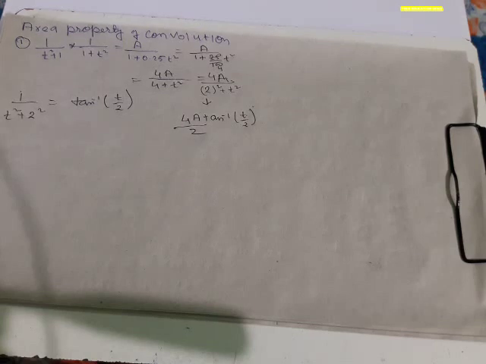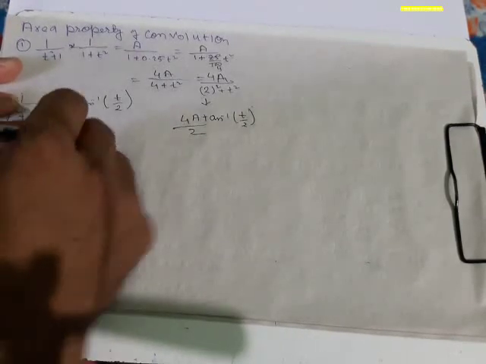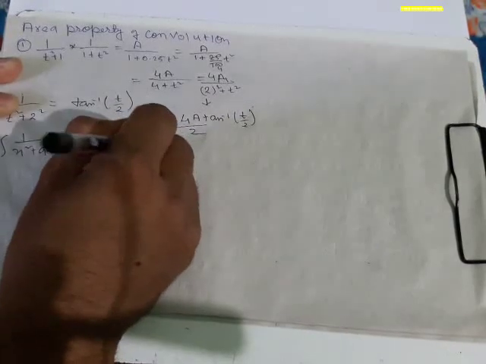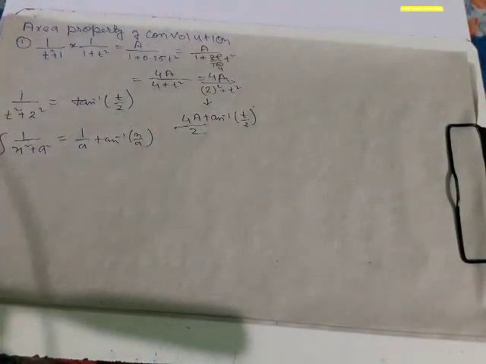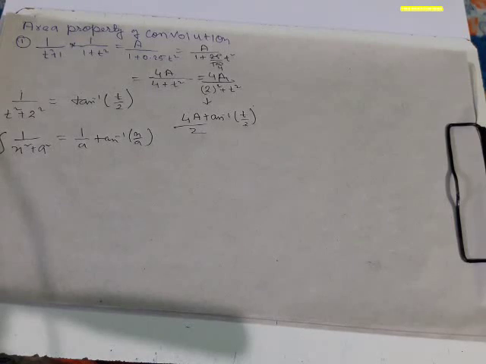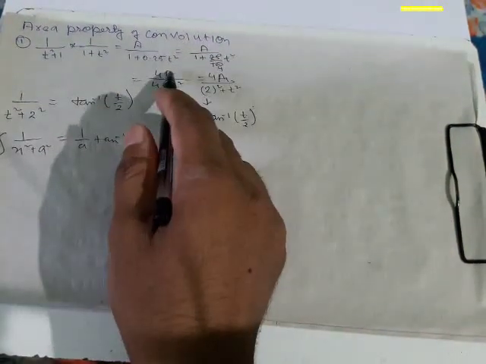Now we know that if we integrate from minus infinity to infinity 1 by t square plus 1, it is nothing but tan inverse t, with limit from minus infinity to infinity, that is tan inverse of infinity minus tan inverse of minus infinity.